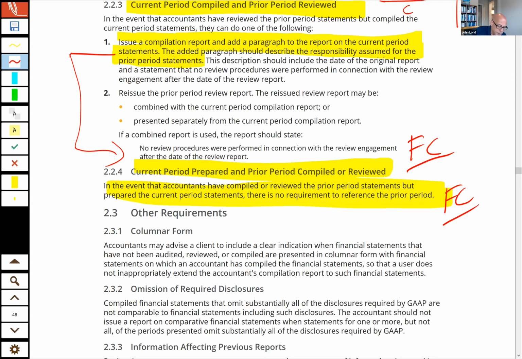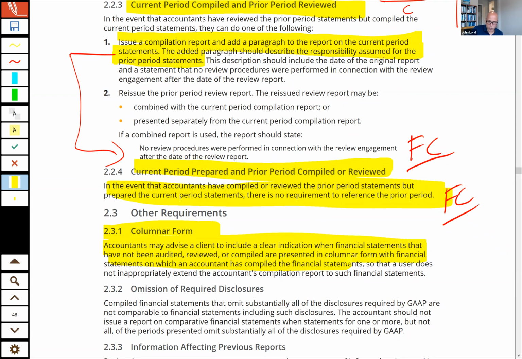Okay. Now they tell us here that you can't provide, in a column or format, information that you have not compiled, audited, or reviewed next to information that you have audited, compiled, or reviewed.